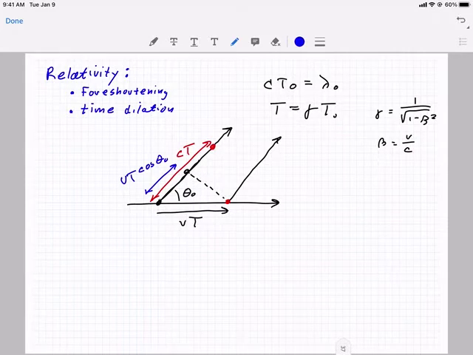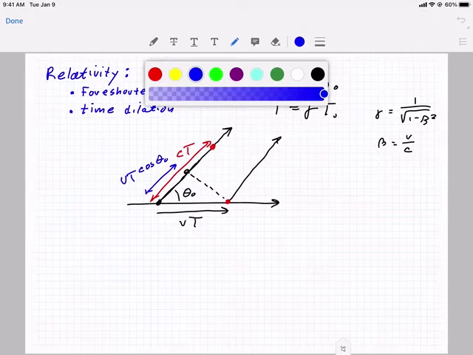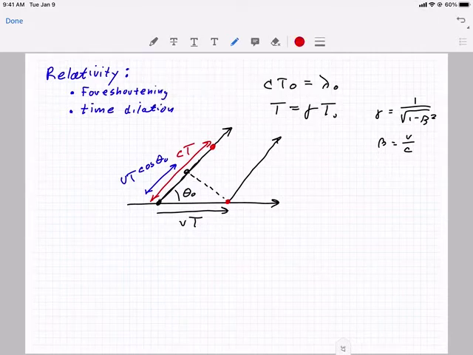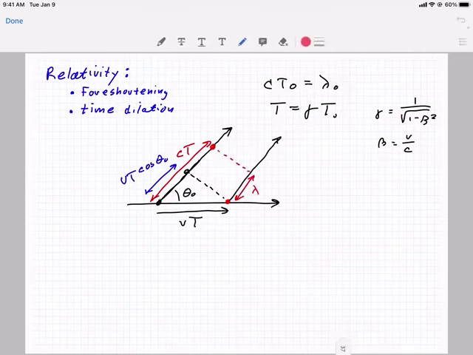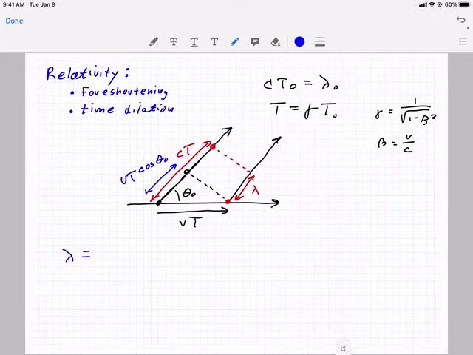And so we have the wavelength, which, by the way, let me draw that too. So the wavelength is now this distance. Okay, so that means that lambda is equal to c capital T minus v capital T cosine theta naught.